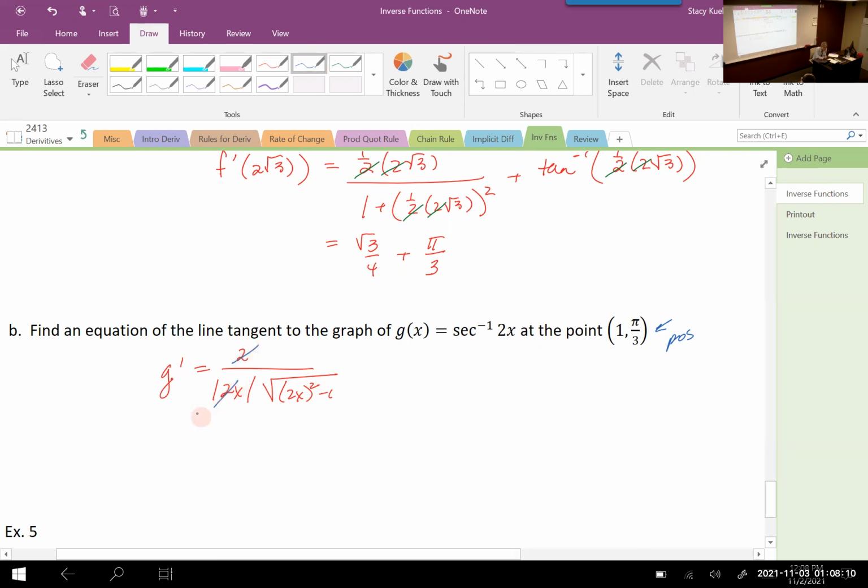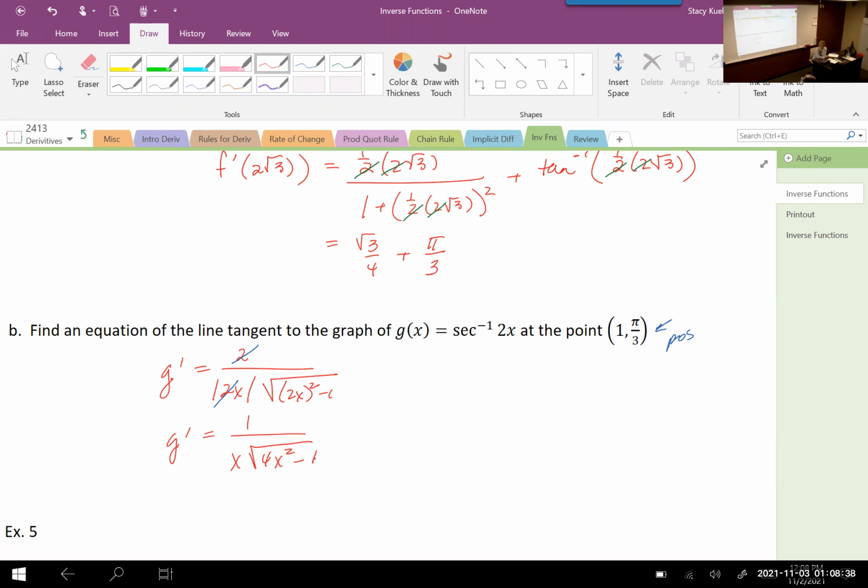The 2 in the numerator cancels with the 2 in the denominator. We've already said we're using the positive values of x, so we just end up with 1 over x times the square root of 4x squared minus 1. That's the derivative.